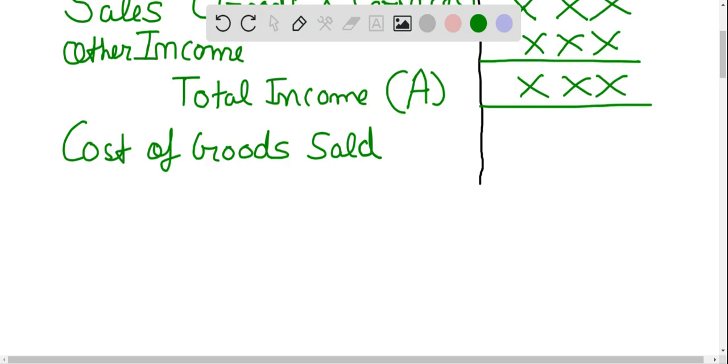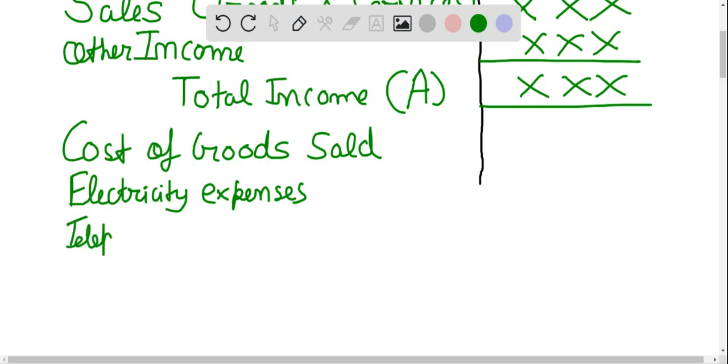After that we have many types of expenses like electricity expenses, telephone expenses.